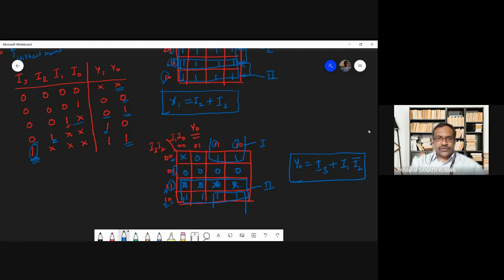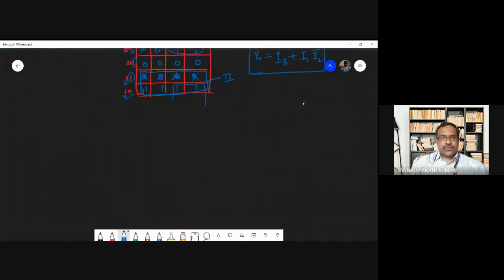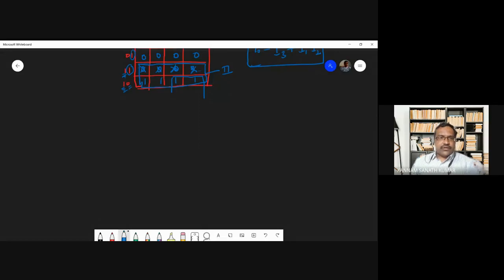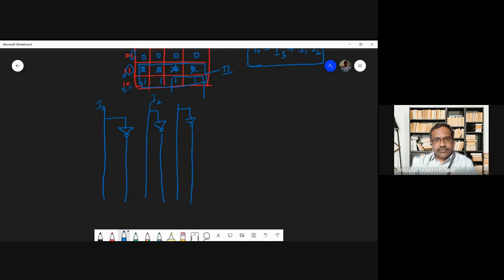So next what you should do? You have to draw the logic diagram for the priority encoder. So here I am drawing the logic diagram. So this is nothing but I3, and this is, taking the true form and complemented form, I2, and this is I1, and this one is I0.